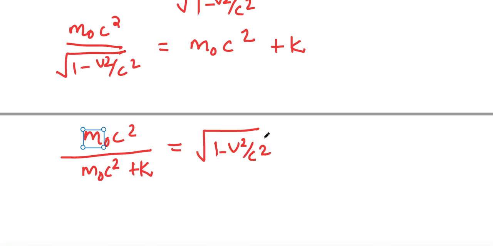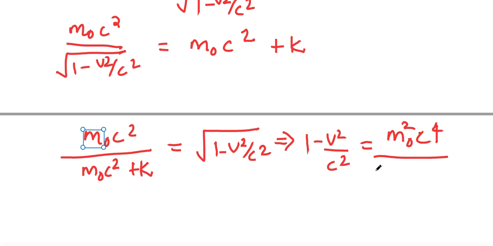Now let's take the square of this. Squaring on both sides implies 1 minus v square by c square equal to m0 square c raised to 4 whole divided by (m0 c square plus K) the whole square.